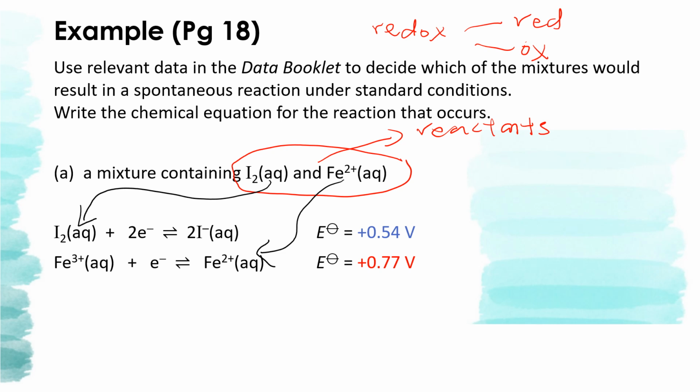Why? Because we must have both reduction and oxidation happening. You cannot have the two parties all appearing on the same side, because there is no such thing called "red or ox". Otherwise you would never have learned something called redox. Never heard before, right?